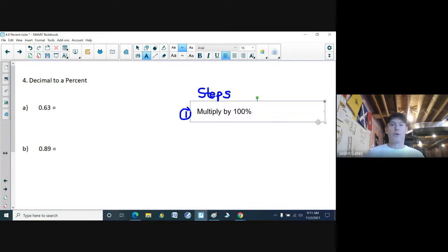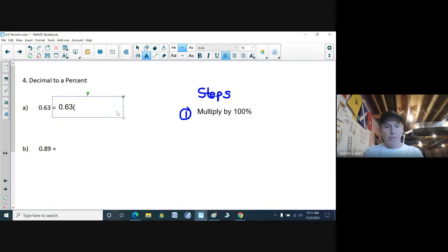Because we're converting it to a percent, we could say multiply it by 100%. So if I took my 0.63 and multiplied it by 100%, I end up with 63%.